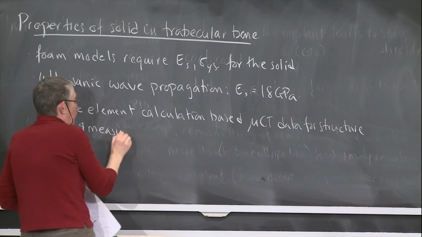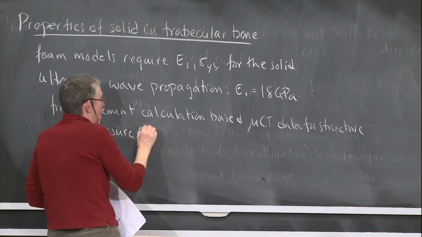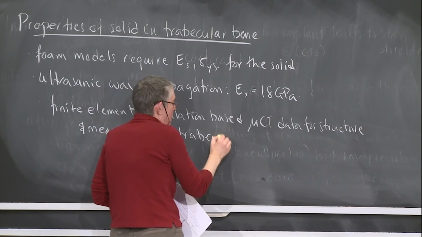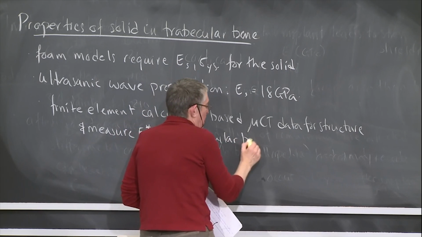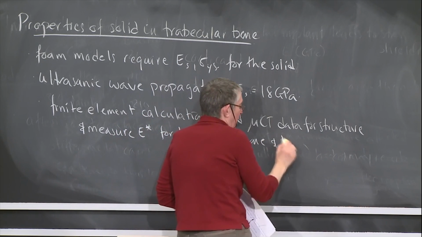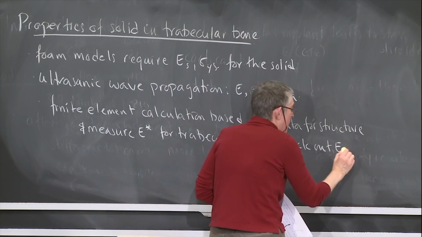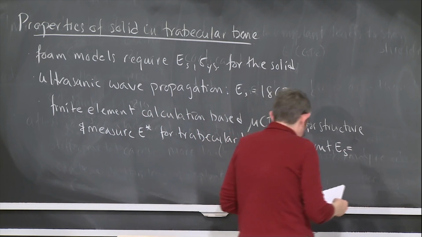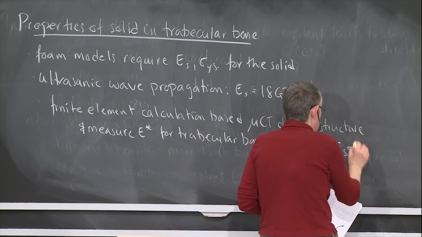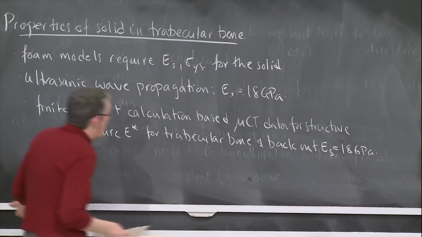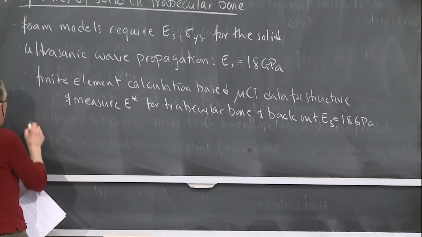And then you measure the overall modulus for the trabecular bone. And then you back out the modulus of the solid. And people who've done that have gotten values of around 18 gigapascals too. And that's very similar to what cortical bone is.